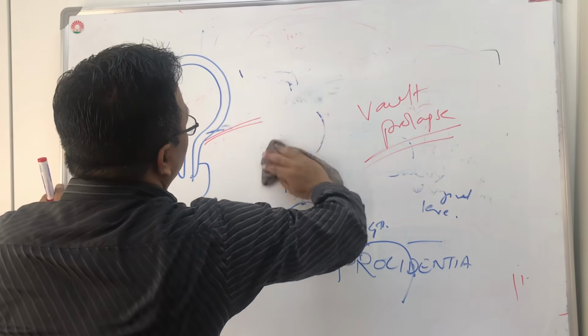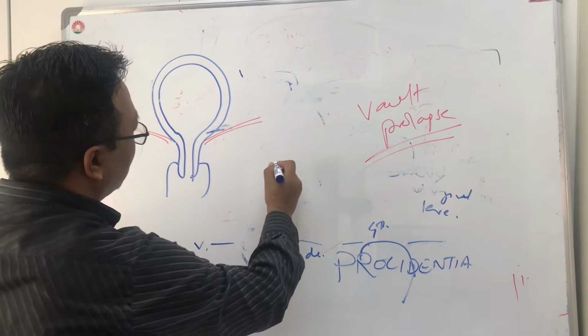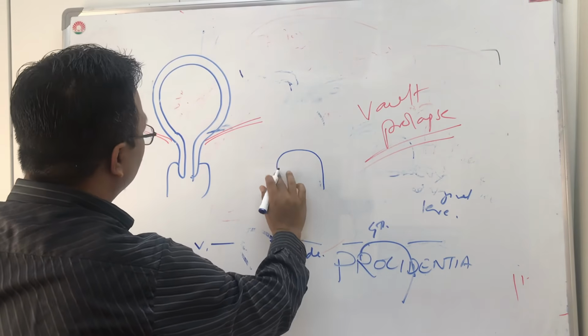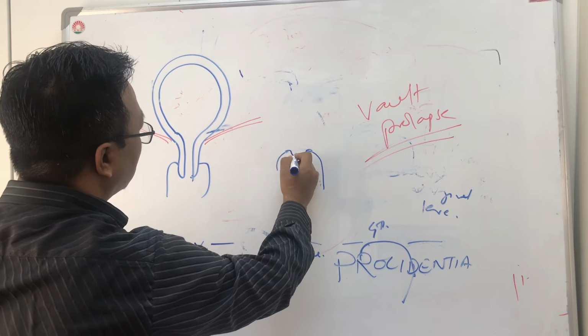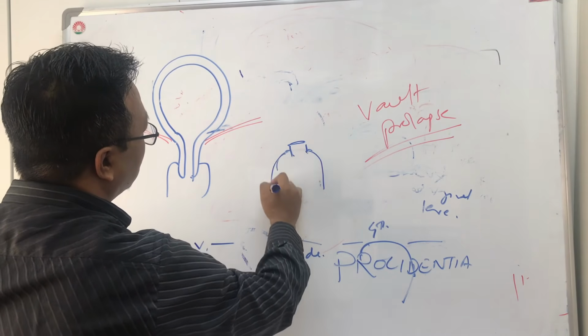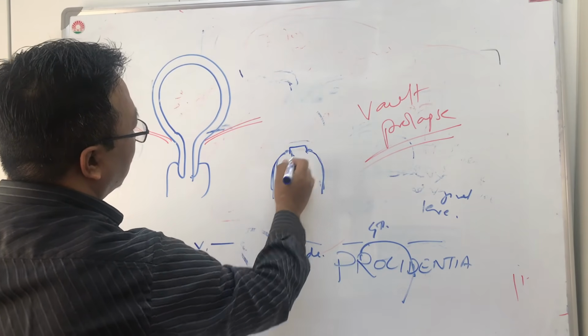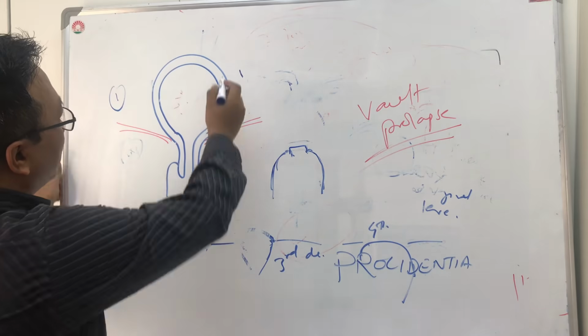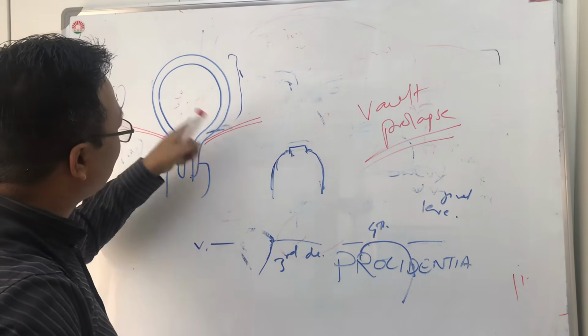So now you have removed the uterus. Which part is left? Only this part is left. You have removed the uterus, and you cut all the ligaments.